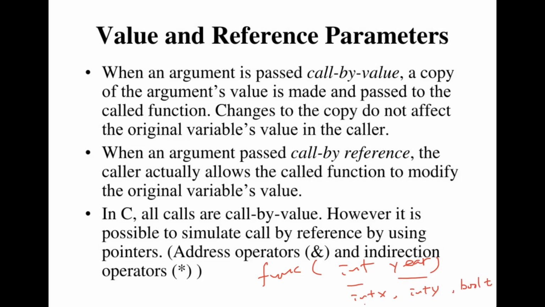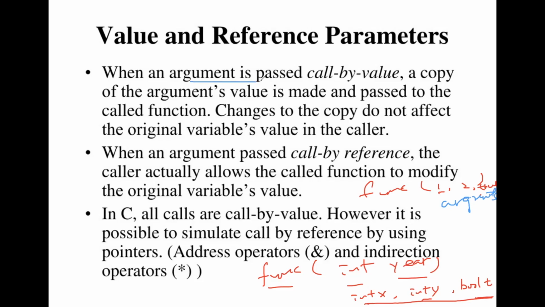This is a parameters list. Now, in order to invoke this function, you can call func and pass in the values, let's say 1, 2, and true, in the event where you have int x, int y, bool t. Now, these 1, 2, and true are what we call arguments. They're not parameters, but arguments are the ones that the user specified.